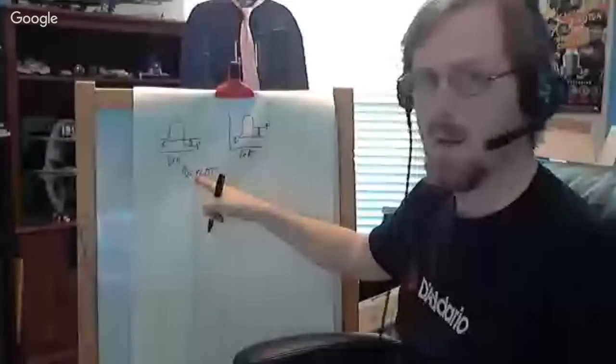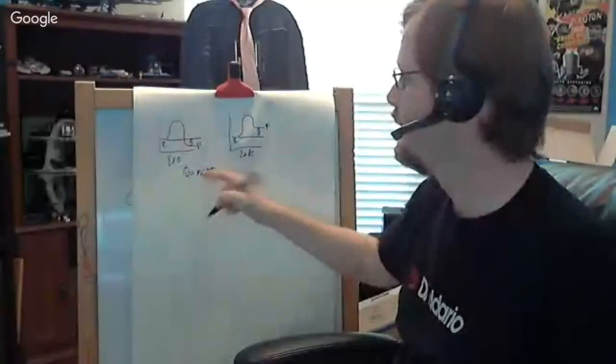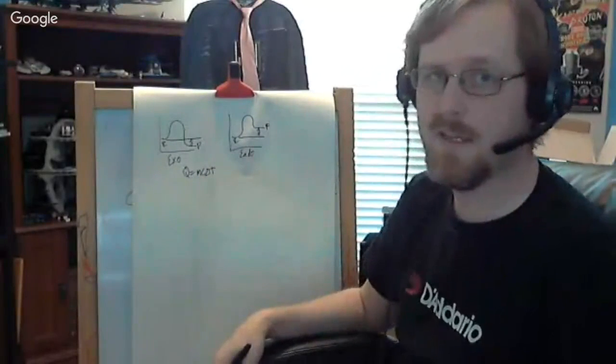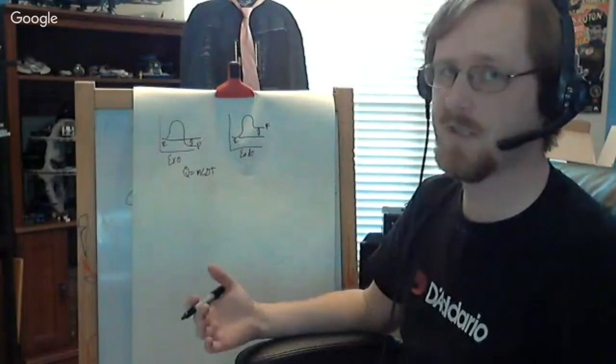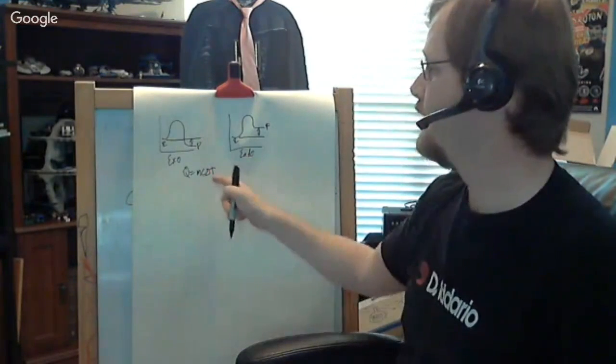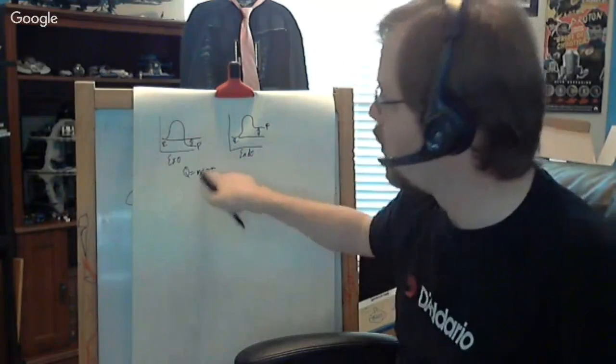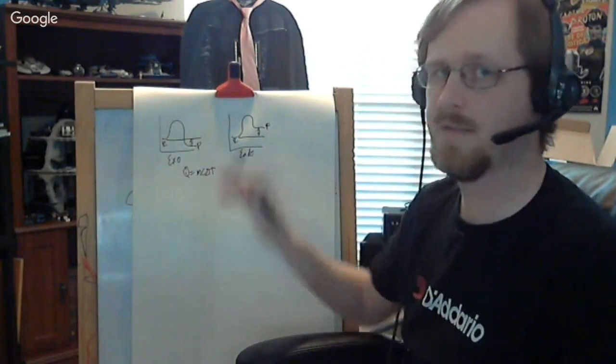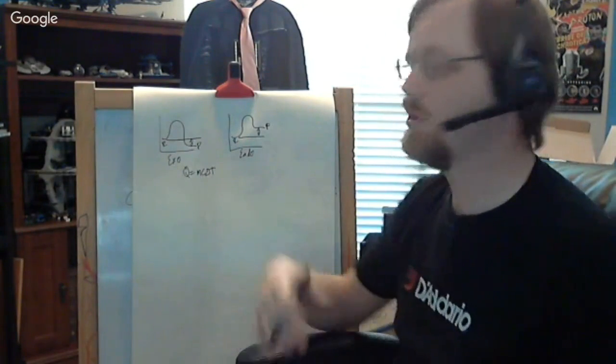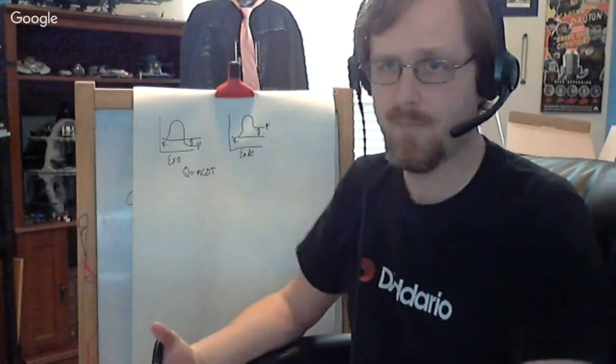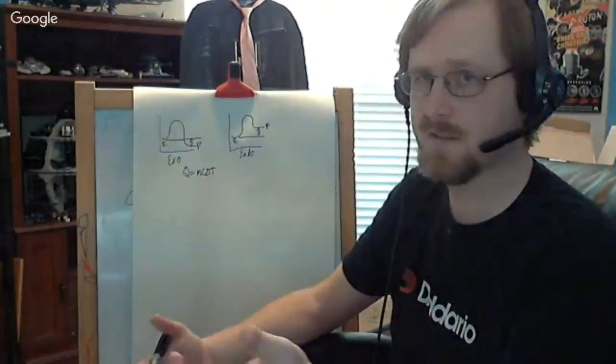M is mass measured in grams. C is the specific heat, which most of the time is given to you in the question. And delta T, remember that's together, is change in temperature, which is measured in degrees Celsius.